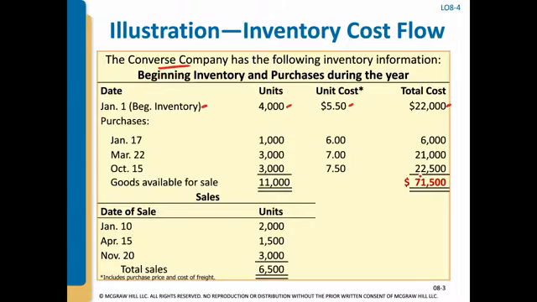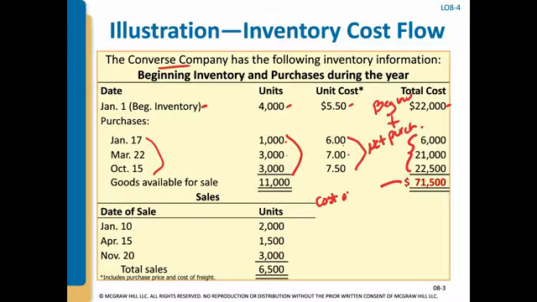And then it made these various purchases on these dates, and each of those batches were different units. So on January 17th, we purchased 1,000 units at $6. March 22nd, 3,000 units at $7, etc. And so when we take our beginning inventory, plus these net purchases, this 71,500 is the cost of goods available for sale.